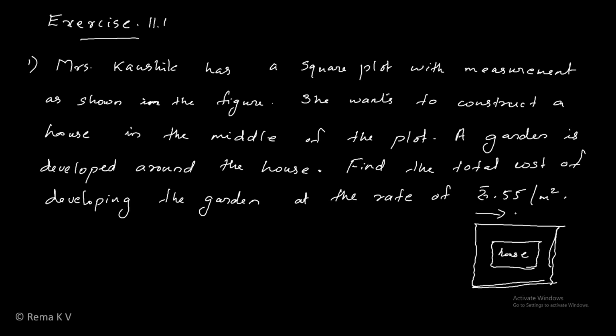Side of the square is given as 20 meter. And here this length is given as 15 meter and breadth is given as, this is given as 20 meter, length is given as 20 meter, and here this width is given as 15 meter.